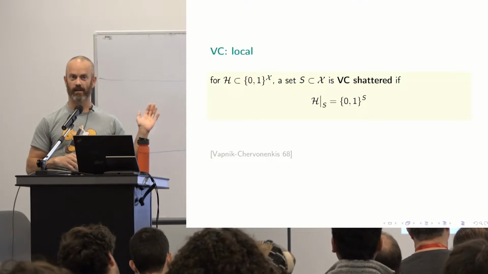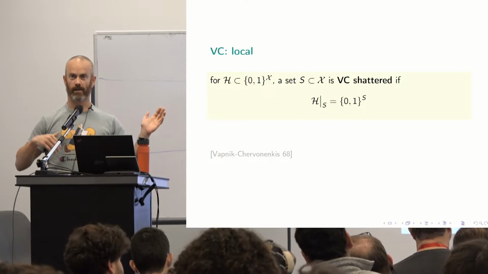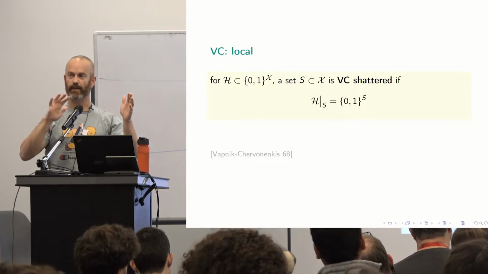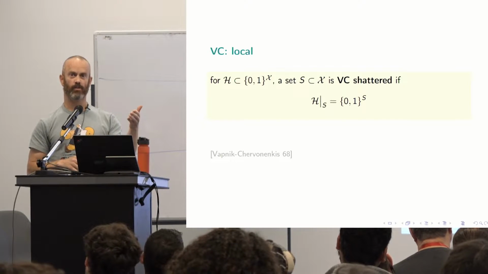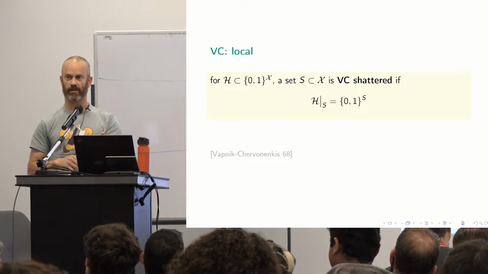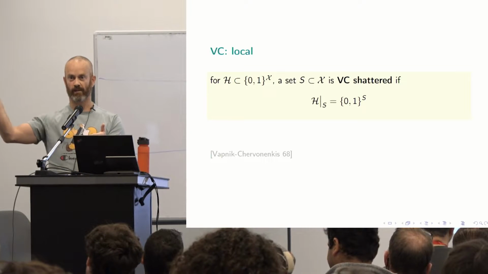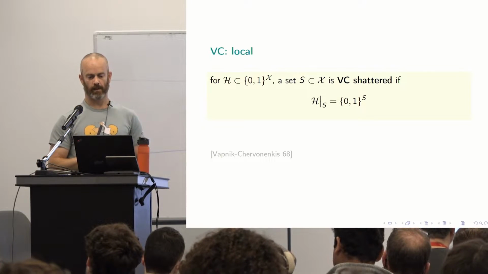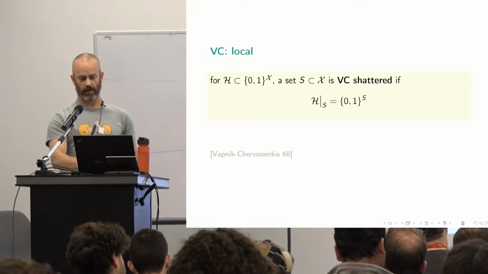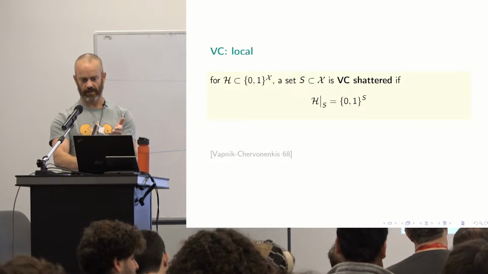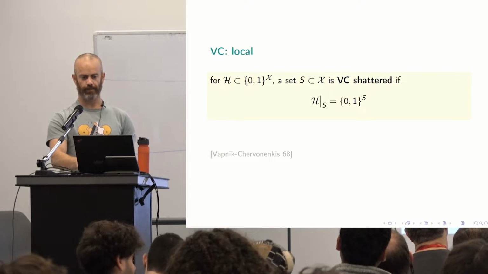So this is the standard notion of shattering. When we project, we see everything. And then we have the VC dimension, which is the maximum size of a shattered set, which could be infinite also. So this is the first example of a dimension. It was defined a long time ago. I will say soon how it is related to learning.